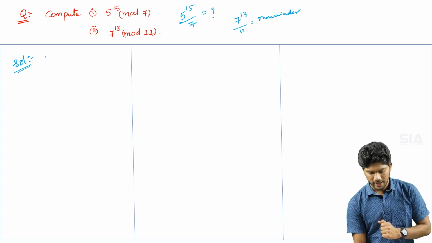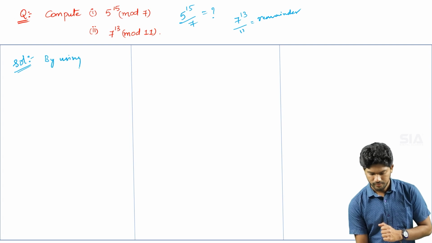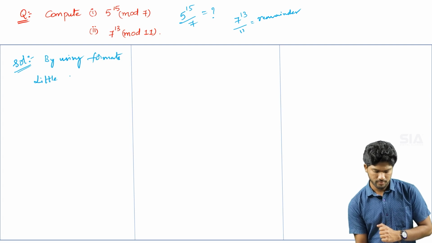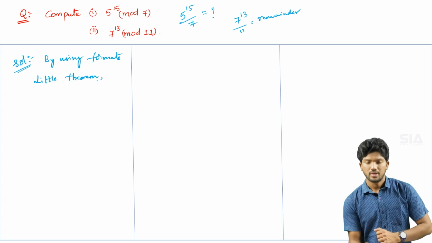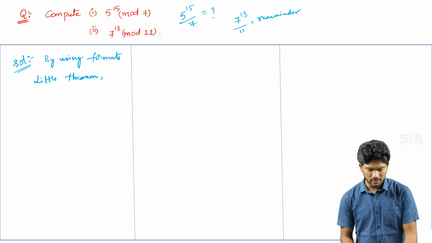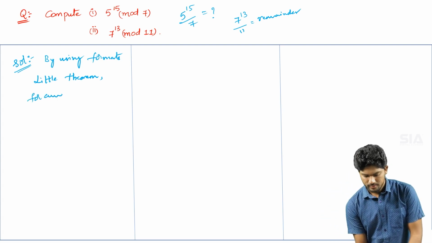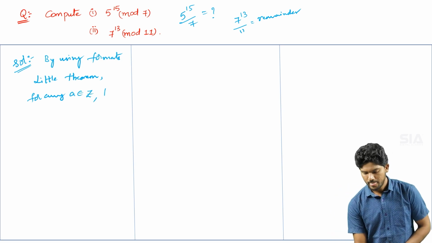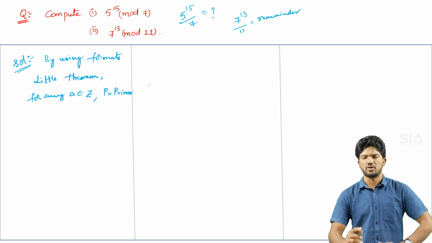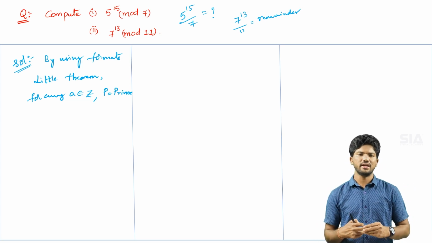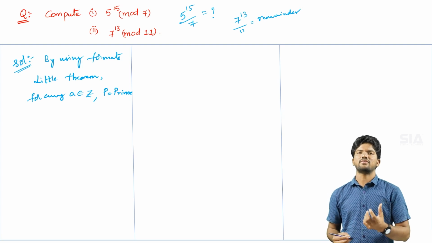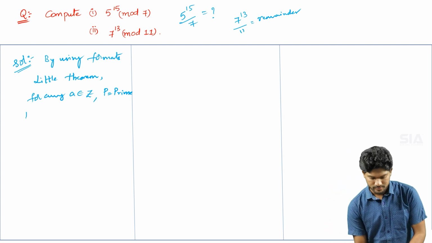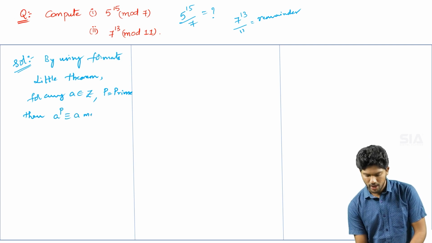To solve this problem by using Fermat's little theorem: for any integer a belonging to Z and for any prime p, you know very well prime numbers start with 2, 3, 5, 7, then a power p is congruent to a modulo p.